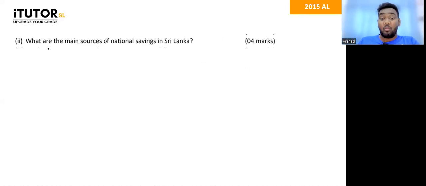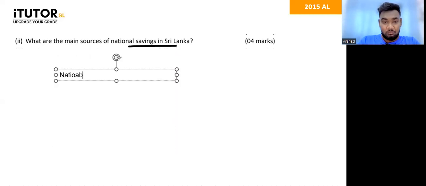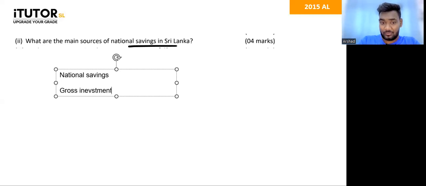Moving to the next. What are the main sources of national savings in Sri Lanka? When they say sources of national savings, they're asking for the components. What do you all think? National savings, so what do you have in national savings? You can say gross investment, net exports, net primary income.